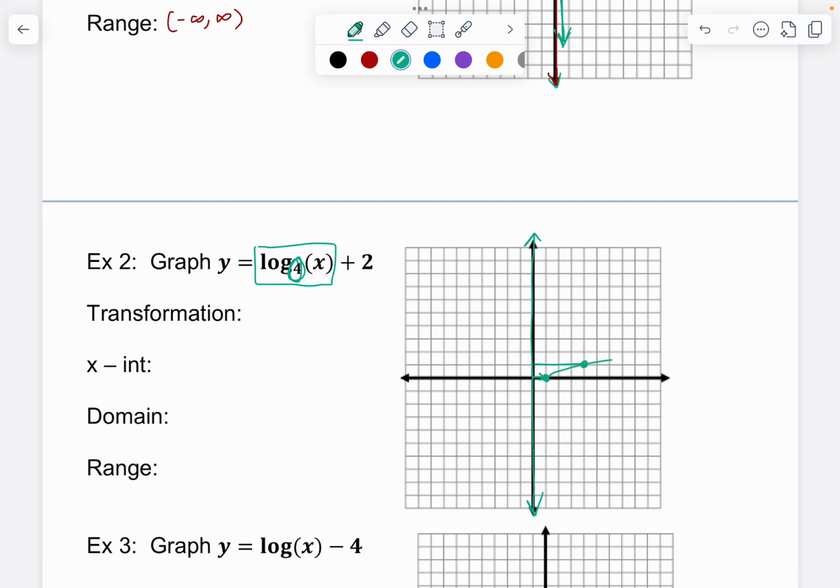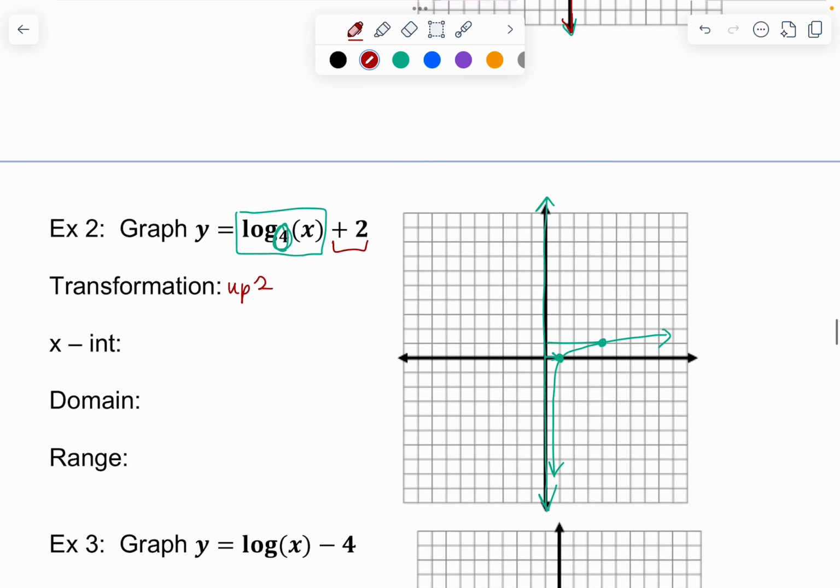And so he's going to go up to the right and then tail down towards the asymptote. And so the transformation here is just up 2. And so our x-intercept is going to move up 2. Our other significant point is going to move up 2. But shifting up or down isn't going to shift the location of the vertical asymptote. So still up towards the right, down towards the asymptote.